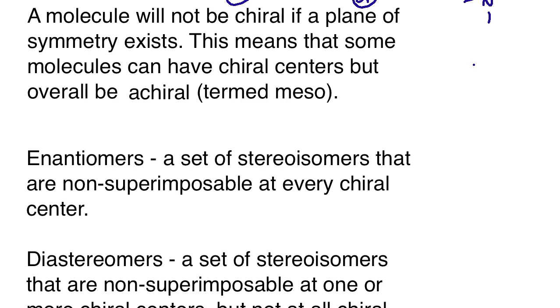So for instance, let's say that I have a 5-membered ring like this, and I have on this side a chlorine that looks like this, and on this side I also have a chlorine right here that looks like this. Well, if I take a look at this, there would be hydrogens implied behind, and so each of these would be designated as chiral centers.